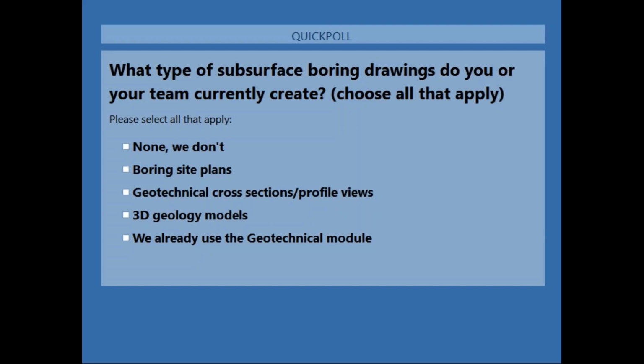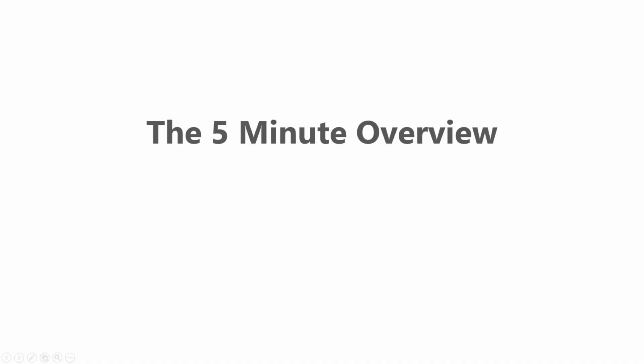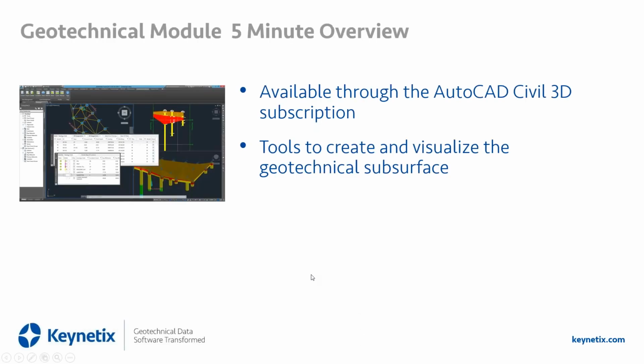So let's move on with the presentation. I'm going to give you a quick 5-minute overview or recap of what the geotechnical module does, and then we're going to come back and look at the new features in a lot more detail. Primarily, the geotechnical module is available to all AutoCAD Civil 3D subscription holders.